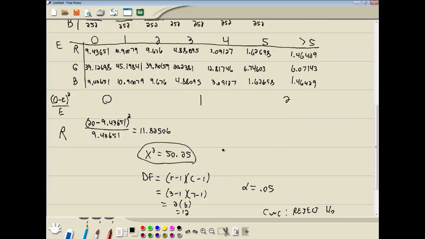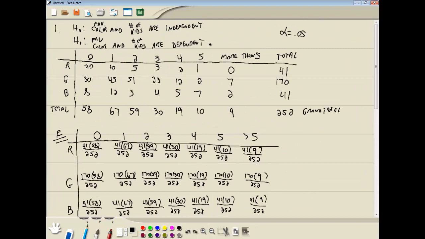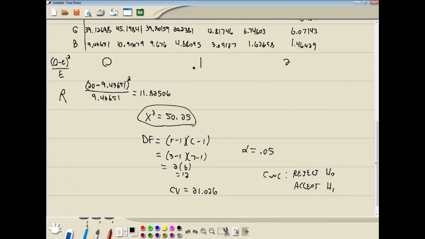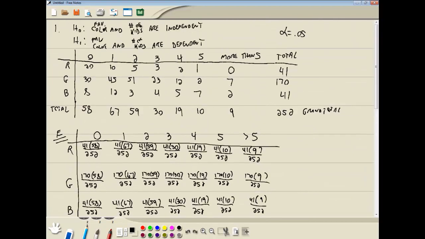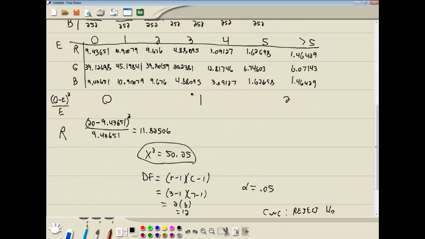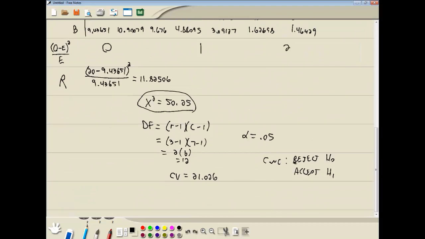I use reject and accept because students click better with it, it seems like. Okay, so we're going to reject H naught, that they're independent, and say that they are dependent. I made up the numbers. I was trying to make them dependent, so I was trying to falsify the numbers.